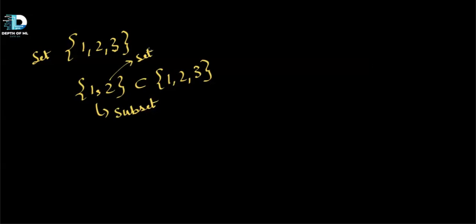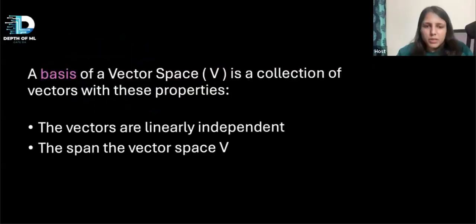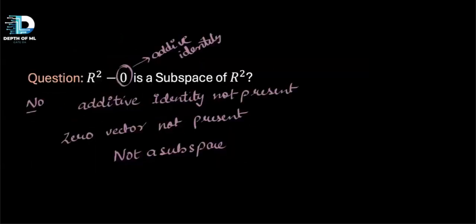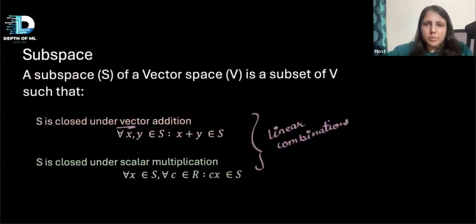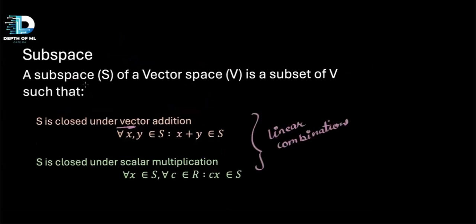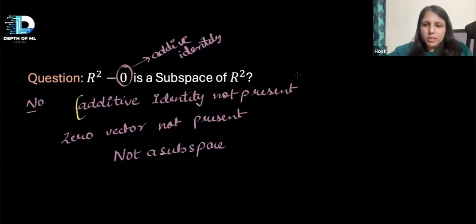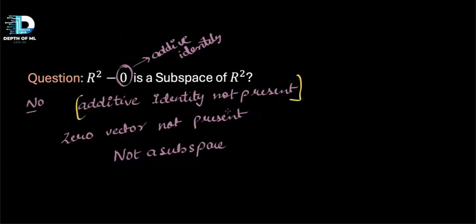On the slide before, you have written additive identity is not present. Yes, maybe present or not, ma'am, but R2 is one of the subsets of R2, ma'am.